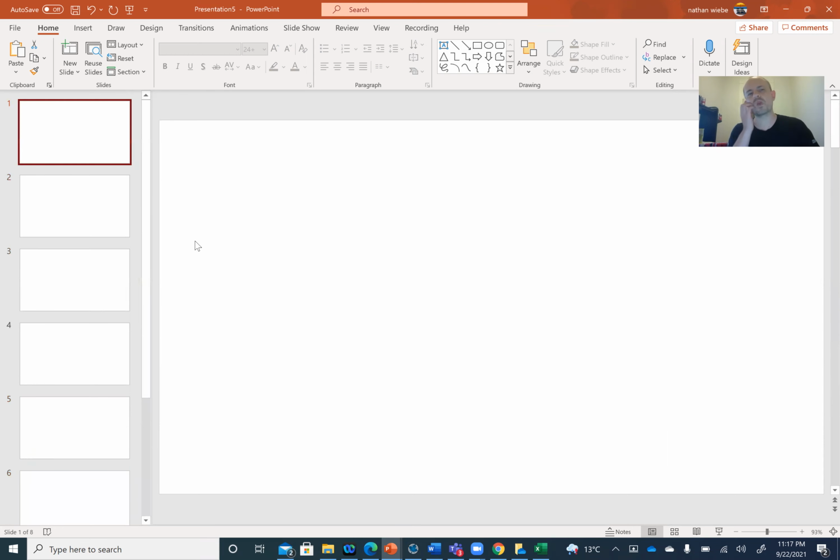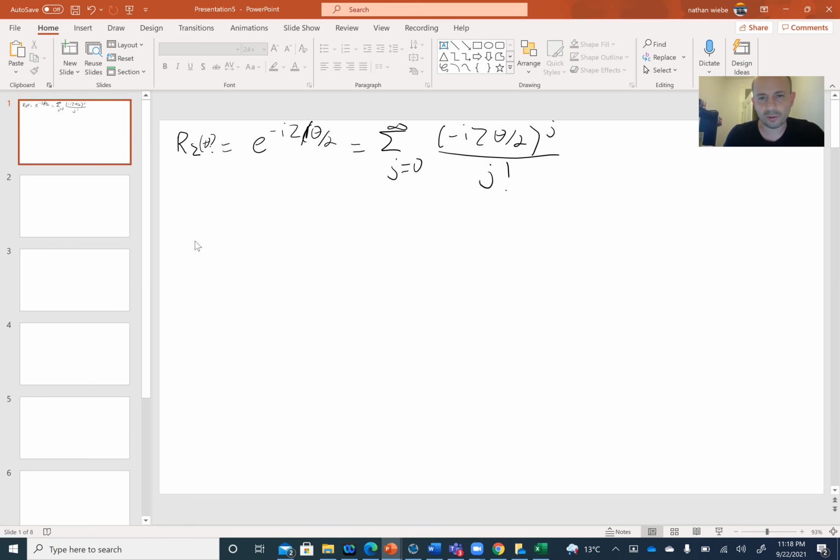All right, cool. So the very first thing that I wanted to talk about is, if you recall, what the RZ gate is defined to be. The RZ gate is defined to be e to the negative i Z theta over 2, which is defined to be the sum from j equals 0 to infinity of (negative i Z theta over 2) to the j over j factorial.